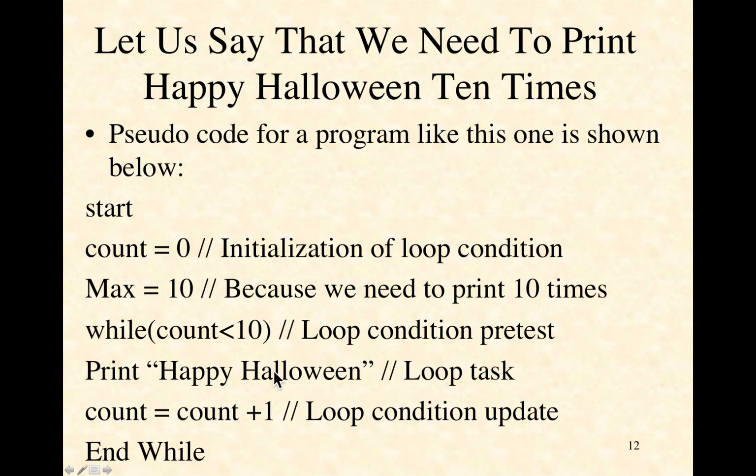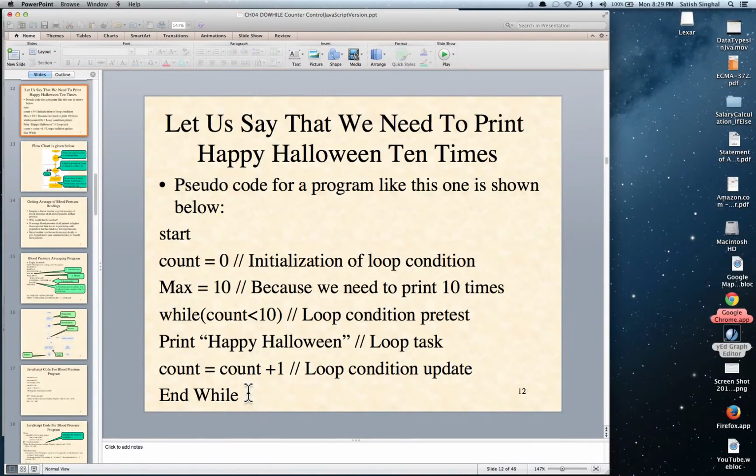And since we printed already once, we need to take that into account. We say count equal to count plus 1 and end while. And actually there should be an end here for the program ending, which I forgot to do. Just like there is a start, there will be an end. So that's that. In fact, I could just add that right now.